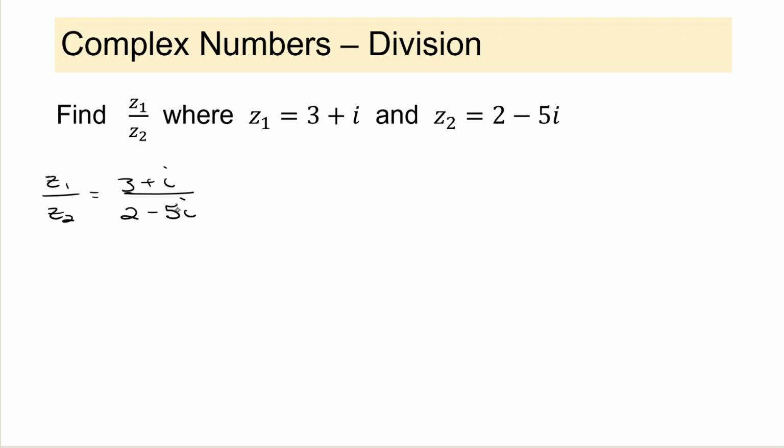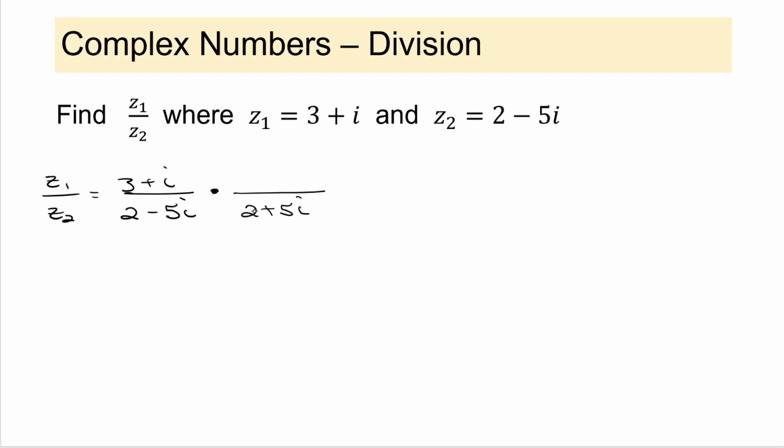What I want to do is I'd like that denominator to turn into a real number, because then I've got a complex number that I can write in the form of a plus bi. Because remember, that's what I want. I want a result that I can write as a single complex number, a plus bi. So how am I going to get to that? Well, if I multiply that denominator by its conjugate, what's going to happen? I'm going to end up with a real number in the denominator.